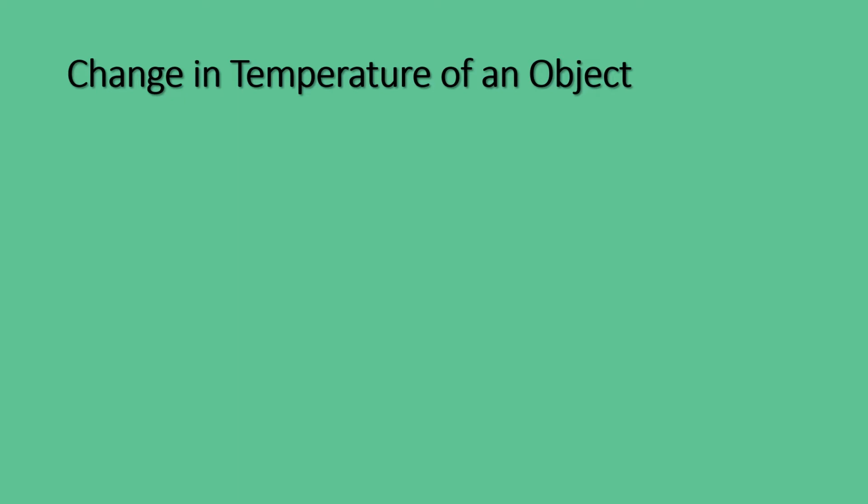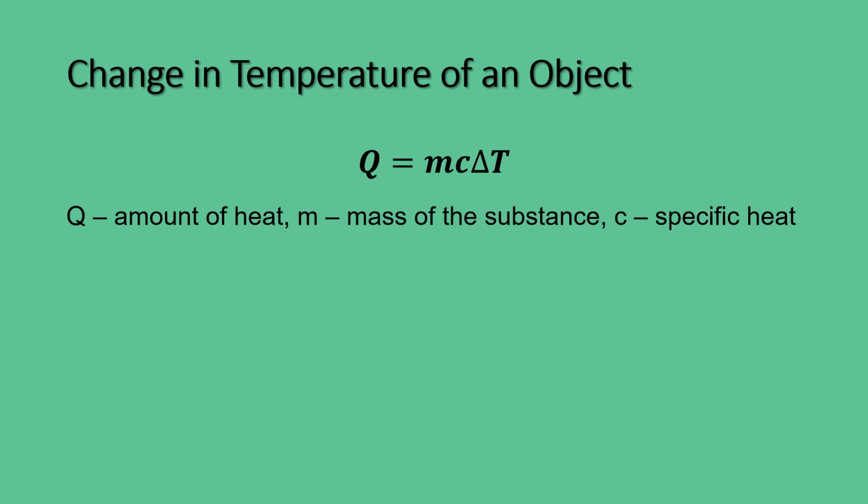In order to solve for the amount of heat absorbed by the substance, we have the formula Q = mcΔT, where Q is the amount of heat, m is the mass of the substance, c is the specific heat, and ΔT is the change in temperature. ΔT is also equal to the final temperature minus the initial temperature.